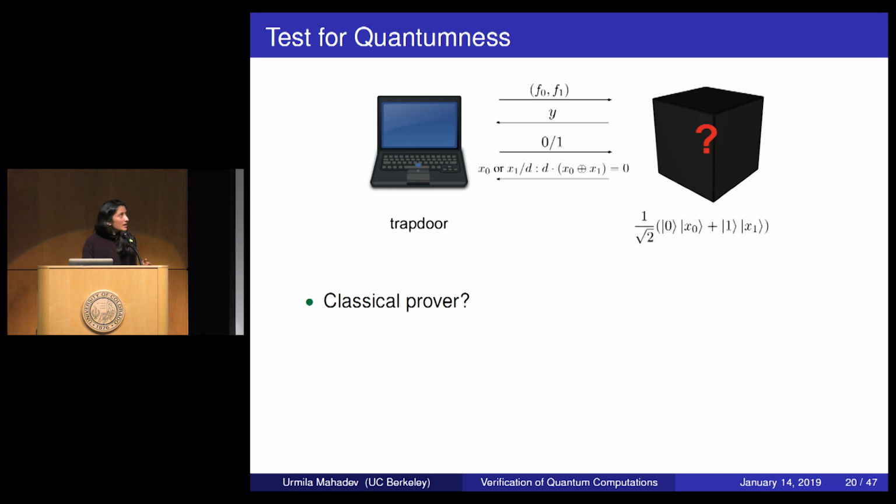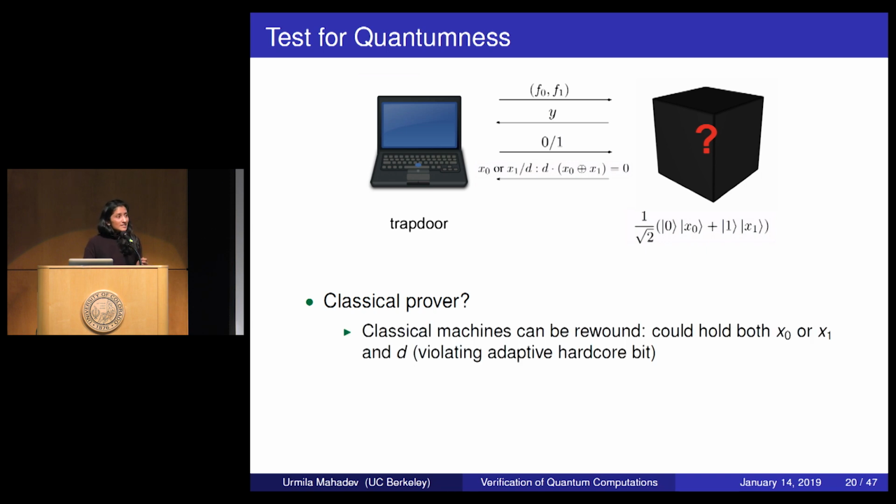And by this rewinding process, we can construct a classical machine which holds both a pre-image and a string D, which means he holds both one pre-image and a single bit of the other pre-image. This is violating that adaptive hardcore bit requirement, which was a strengthening of the claw-free requirement.